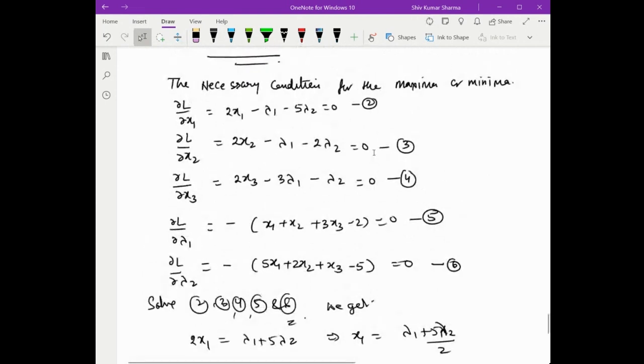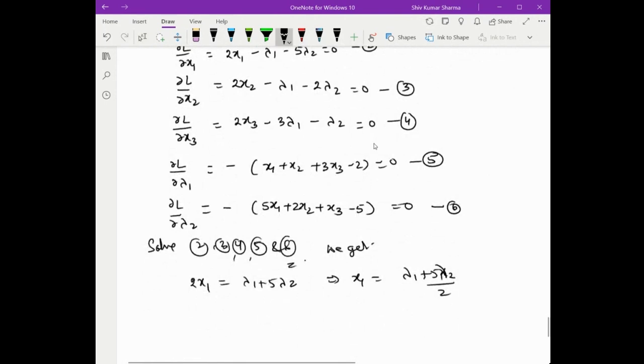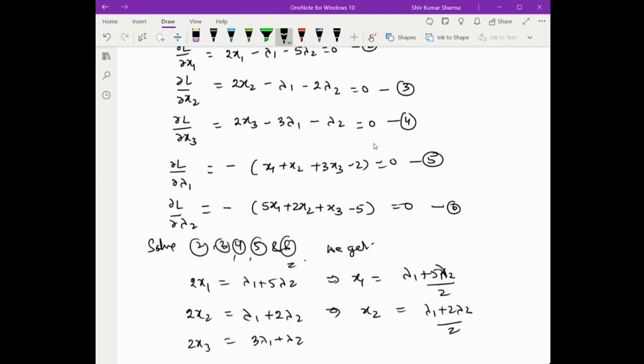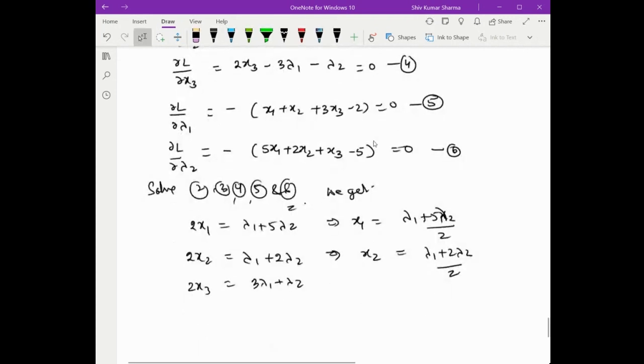From equation number 3, 2x2 equal to lambda 1 plus 2 lambda 2, so x2 is lambda 1 plus 2 lambda 2 upon 2. And from the fourth equation, x3 is 3 lambda 1 plus lambda 2 upon 2.